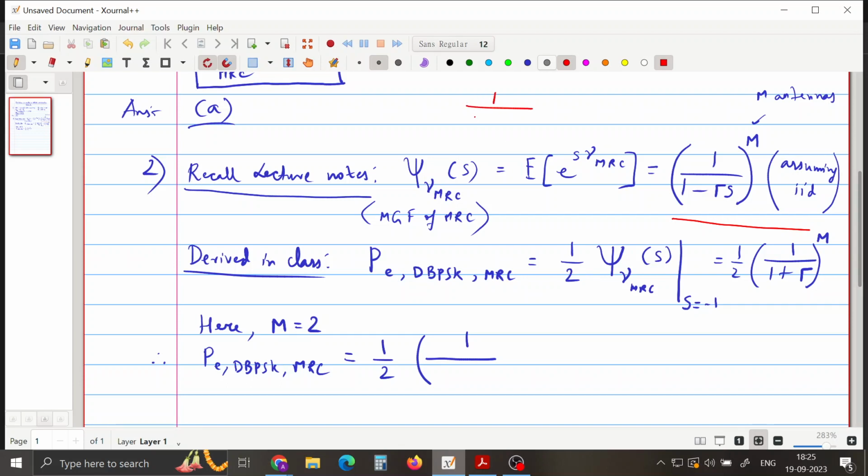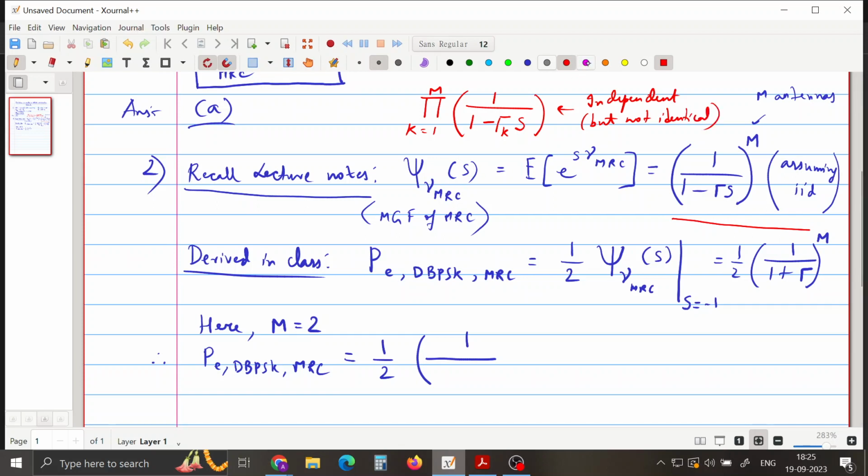In general, if they are not identical but independent, you can have something like this: gamma k times s, the product of such terms, k running from 1 to n. This is independent but not identical. That's the situation here actually.